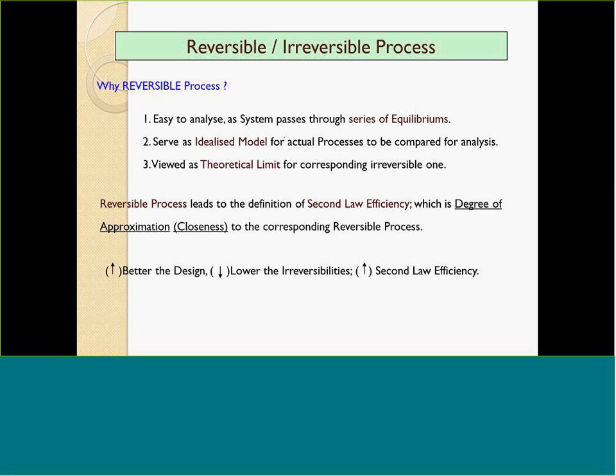The thing that you need to understand is why the reversible process is useful for us to analyze as a physicist, for a system in the refrigerator or in the power plant. It's one particular ideal model. We have the Carnot cycle, the diesel cycle.